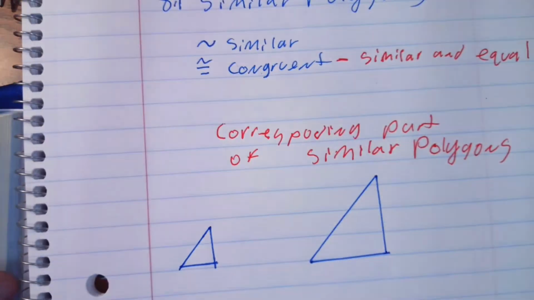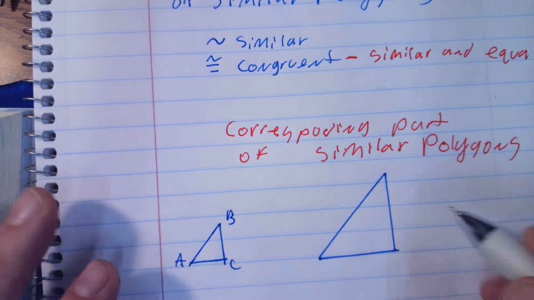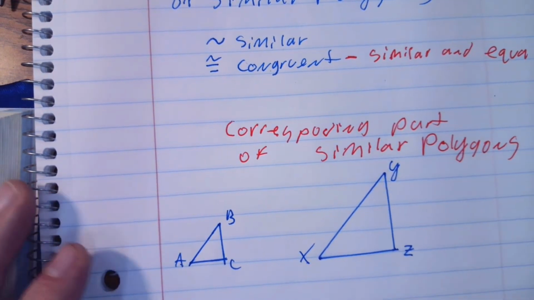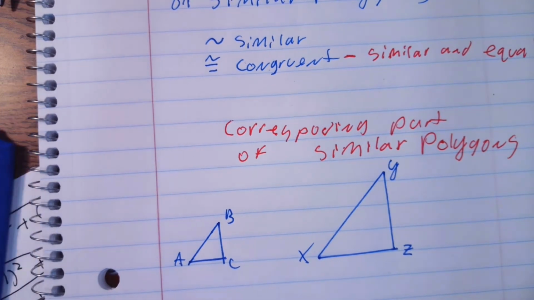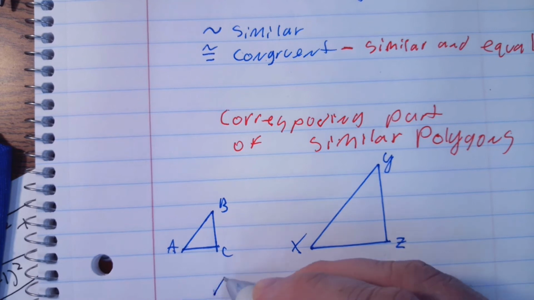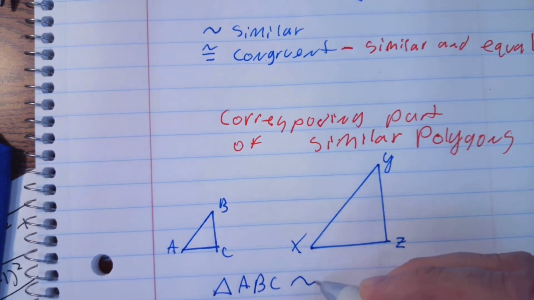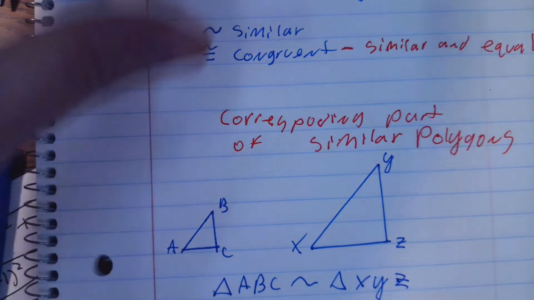All right. I got these two shapes. I'll call this ABC, and I'll call this XYZ. If triangle ABC is similar to triangle XYZ, this is what that means.